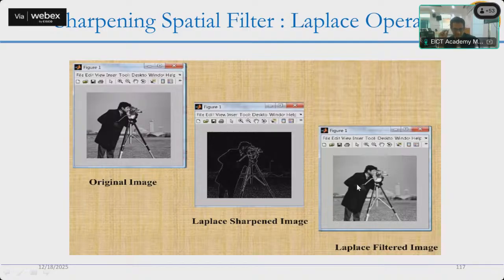Can you tell me, is there any difference between the original image and the Laplace filtered image? Are you able to see any difference?